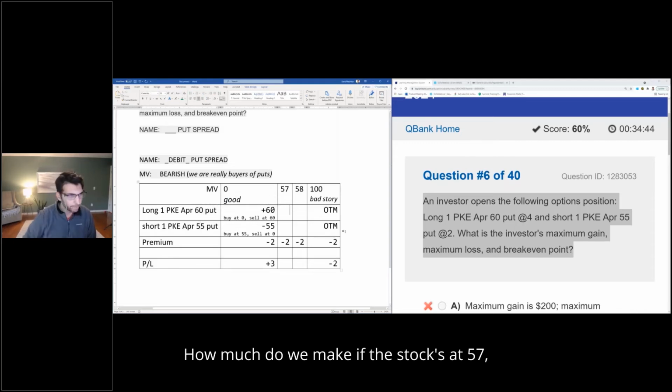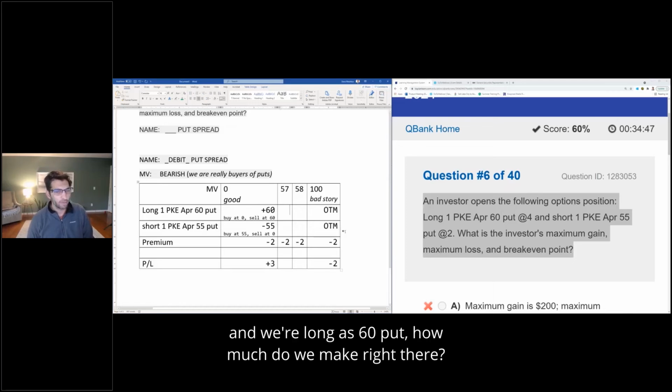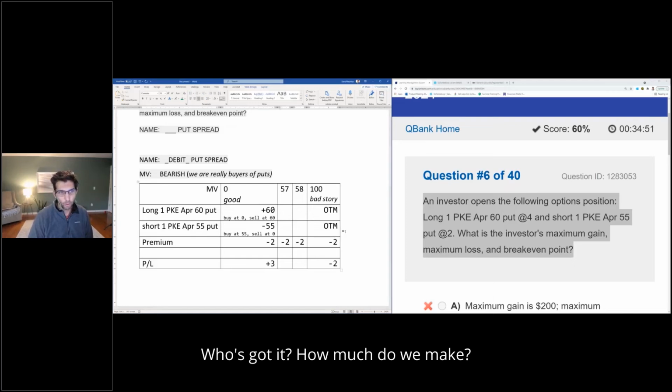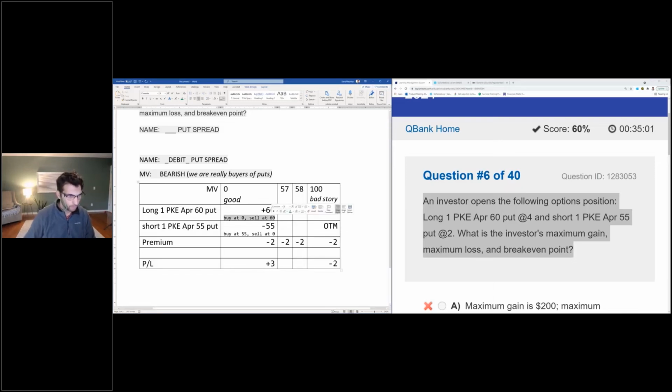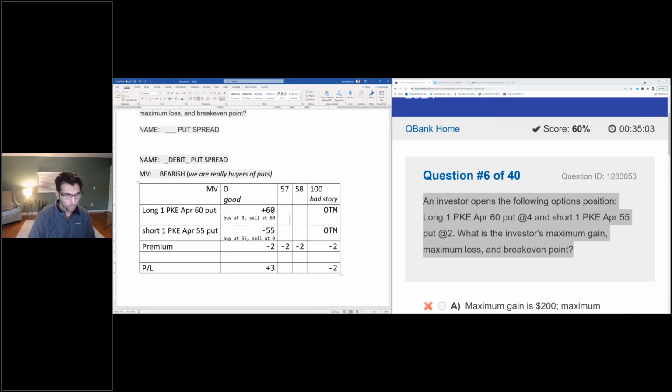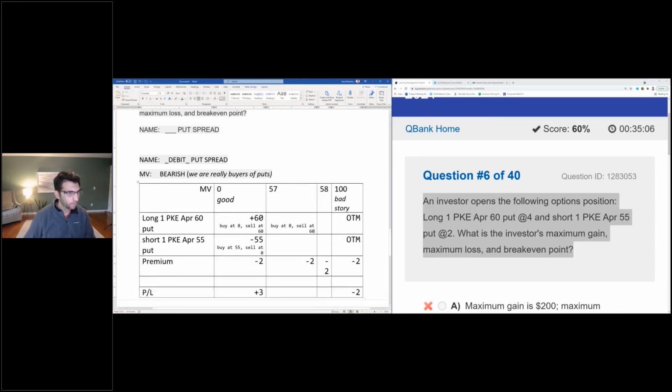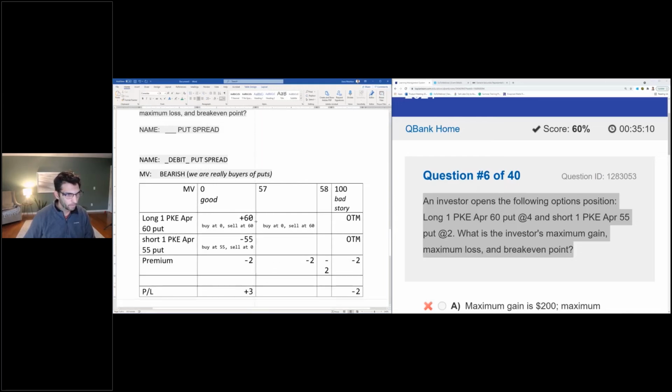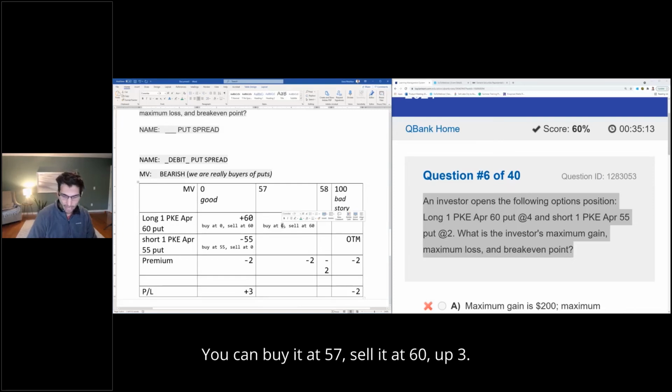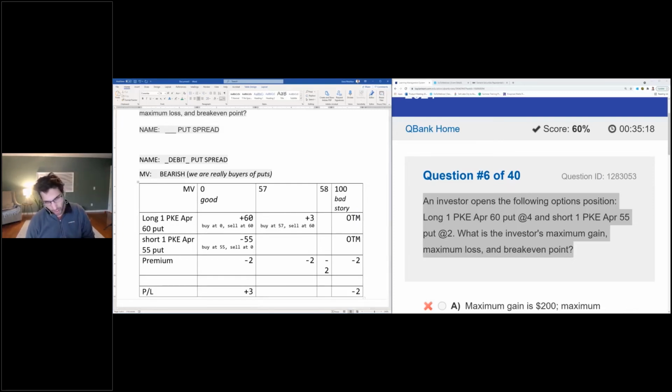How much do we make? If the stock's at 57 and we're long a 60 put, how much do we make right there? You can buy it at 57, sell it at 60, up 3.